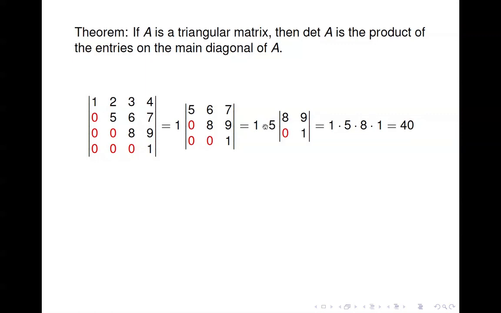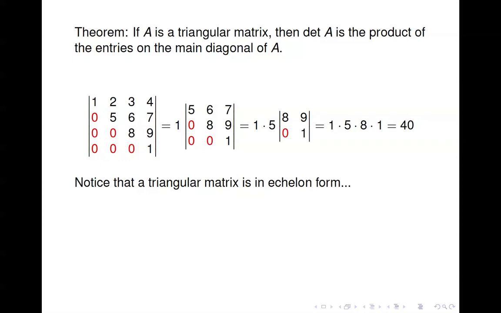And so we end up with 1 times 5 times this determinant, which is 8 times 1 minus 0 times 9, so it's just 8 times 1. So our determinant is 1 times 5 times 8 times 1, which you see are the entries on the main diagonal. So if your matrix is triangular, life is good, life is easy. Just multiply the entries on the diagonal.